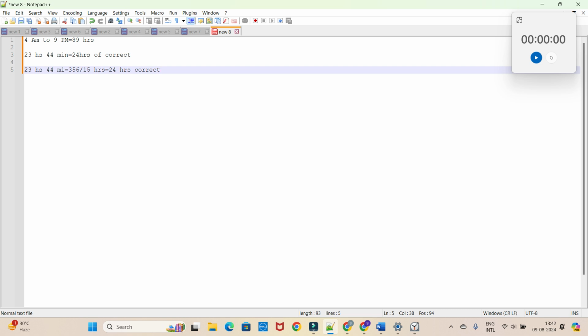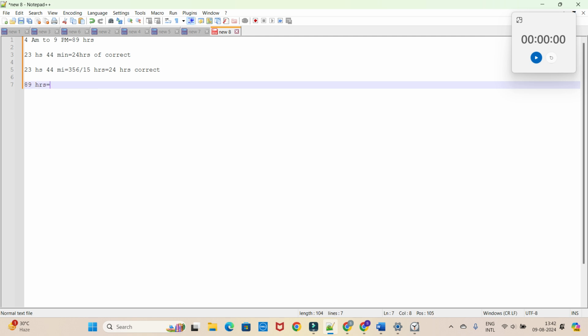So for 89 hours of the clock, that will be 24 hours, with that 15 coming to the numerator, by 356, into 89 hours.